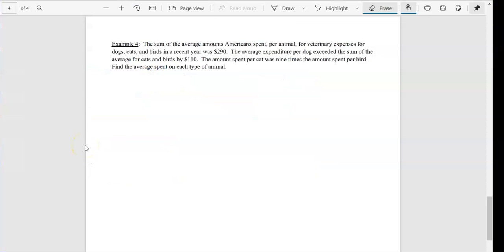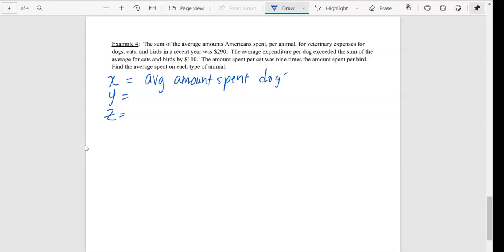So example 4 says the sum of the average amounts America spent per animal for veterinary expenses for dogs, cats, and birds. So we've got our 3 variables. Let's say X, Y, and Z. So average amount spent at the veterinarian for dogs. Same thing for cats.